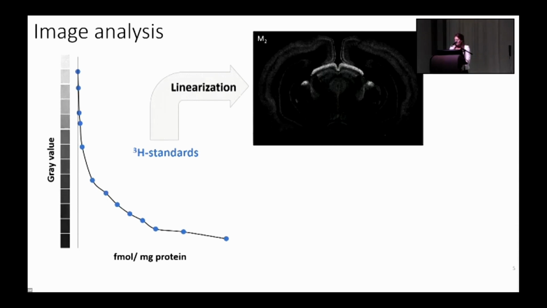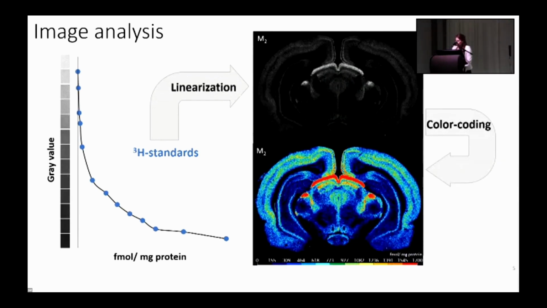For visualization purposes, we assign equidistant ranges of gray values into discrete colors arranged in the spectral sequence from dark blue to red, which indicate lower and higher receptor densities respectively.